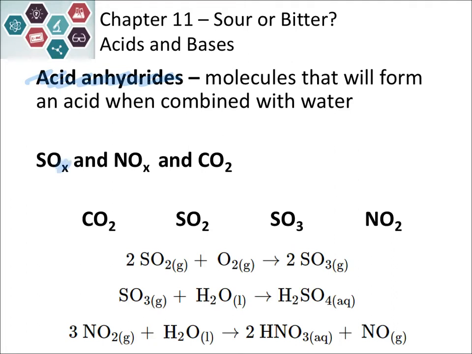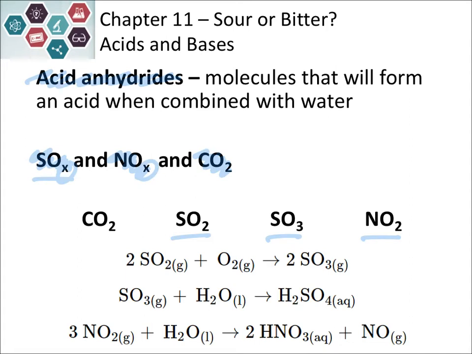So SOx, NOx, and carbon dioxide are all acid anhydrides. We already saw how the carbon dioxide reacts with water to make an acid. SOx and NOx, the reason we put an X here is it could be a variety of numbers. So for example, SO2, SO3, NO2.